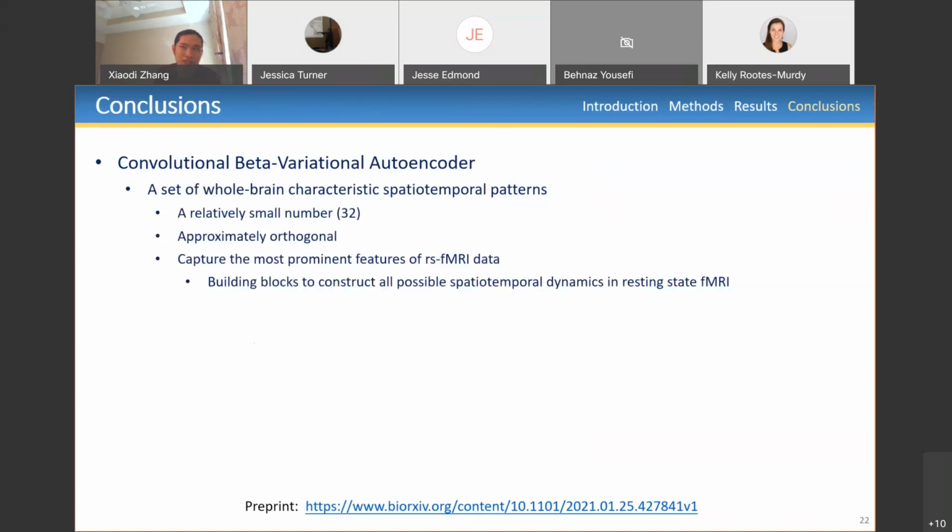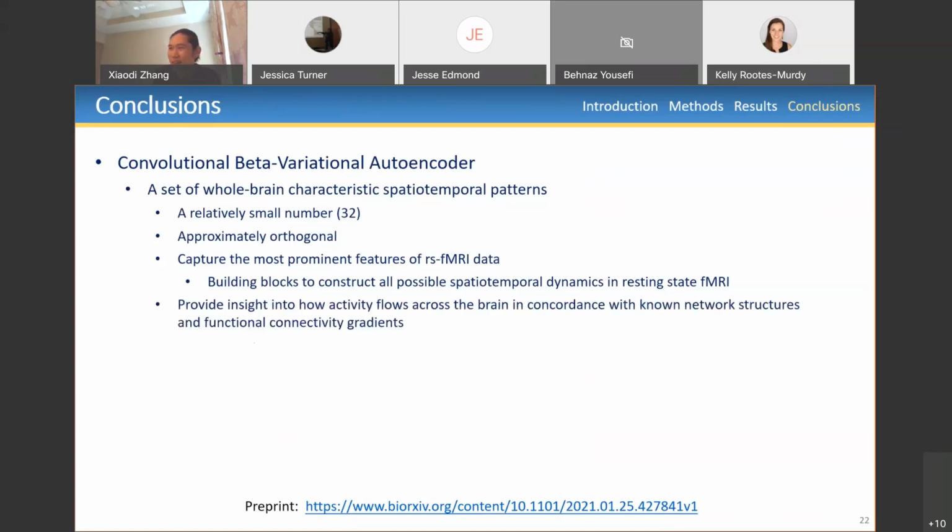This method captures the most prominent features in resting state fMRI, and they are sorted in descending order so that you can choose a shallower model, basically cutting it off with a lower threshold. Anyway, it provides insight into how activity flows across the brain, but at the same time, it's also in agreement with previous findings like the functional connectivity gradients.